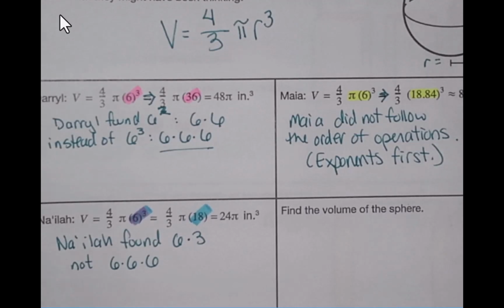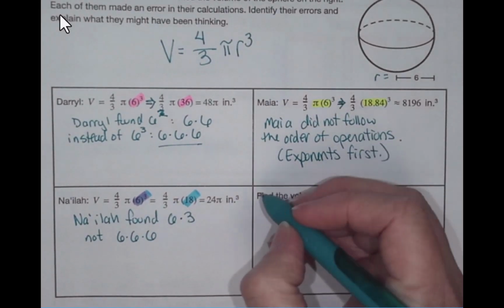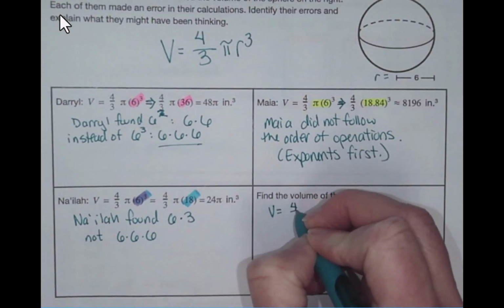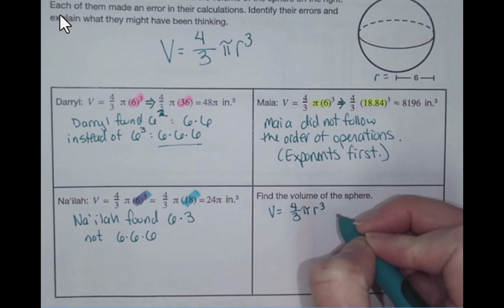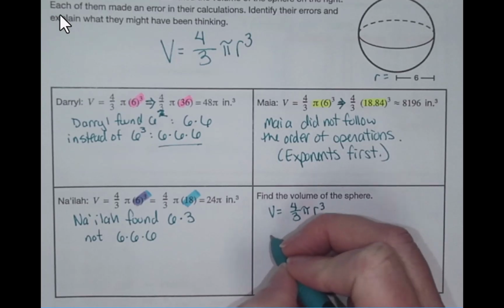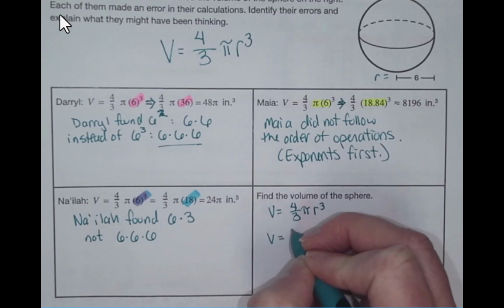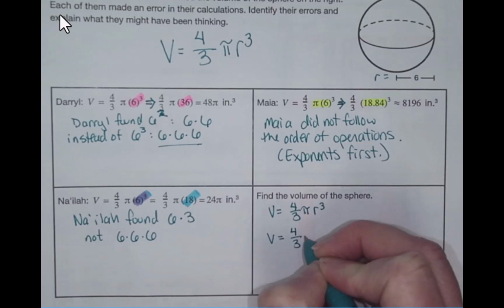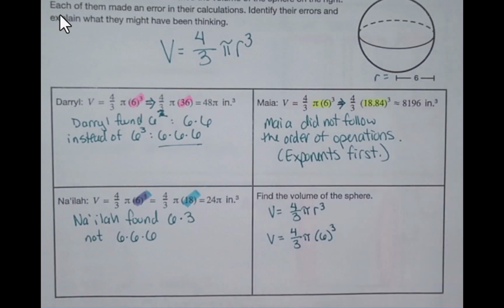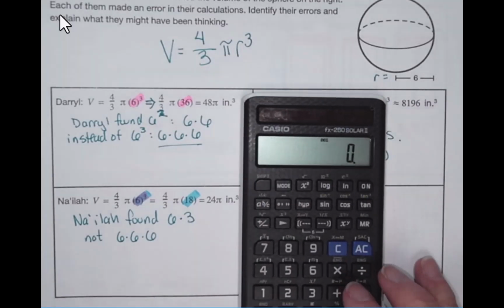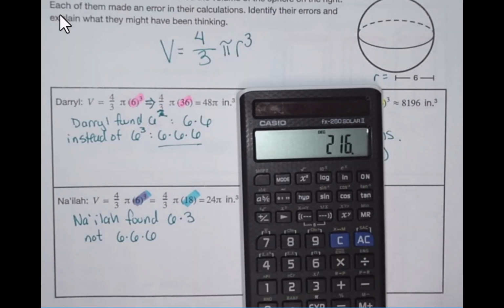So let's go ahead and find the volume of the sphere the right way. So the volume was equal to 4/3 pi times the radius cubed. And let's go ahead and start filling in values. 4/3 pi times 6 cubed. Well, 6 times 6 times 6 is 216.